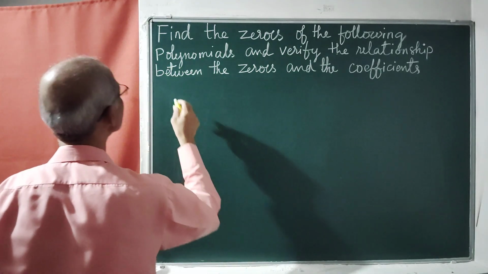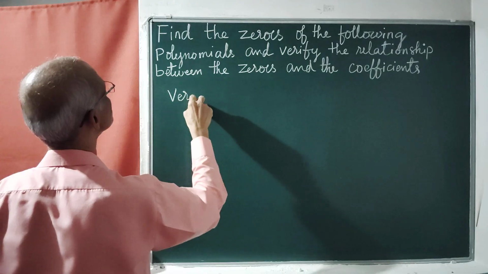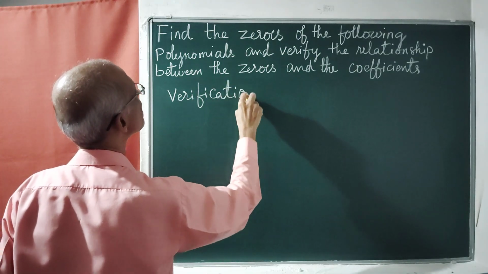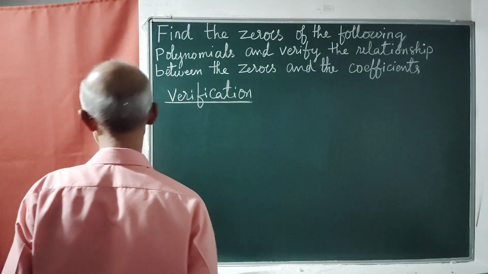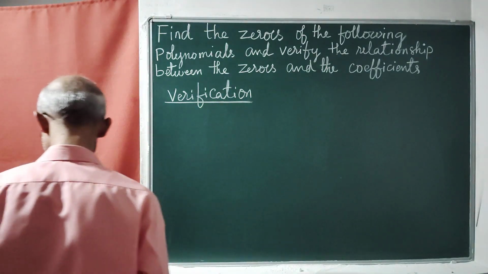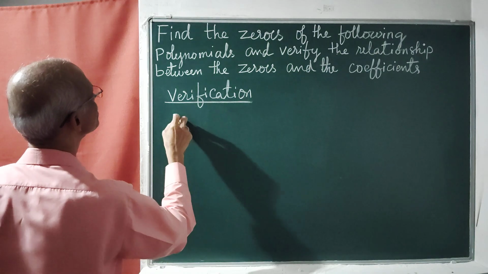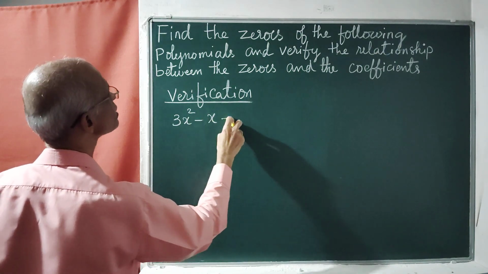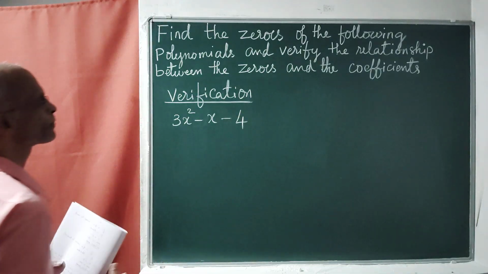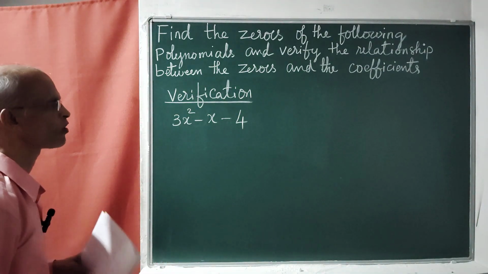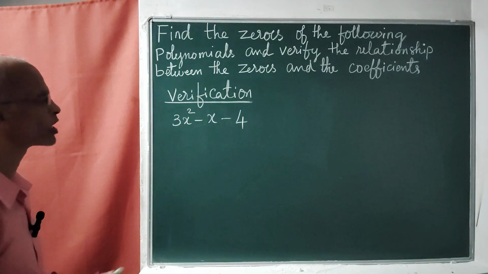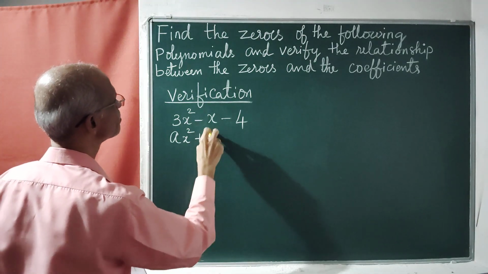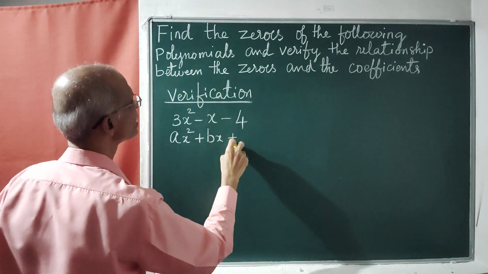Now we will go for the verification. 3x square minus x minus 4. We will compare this with the standard form of a quadratic polynomial, ax square plus bx plus c.